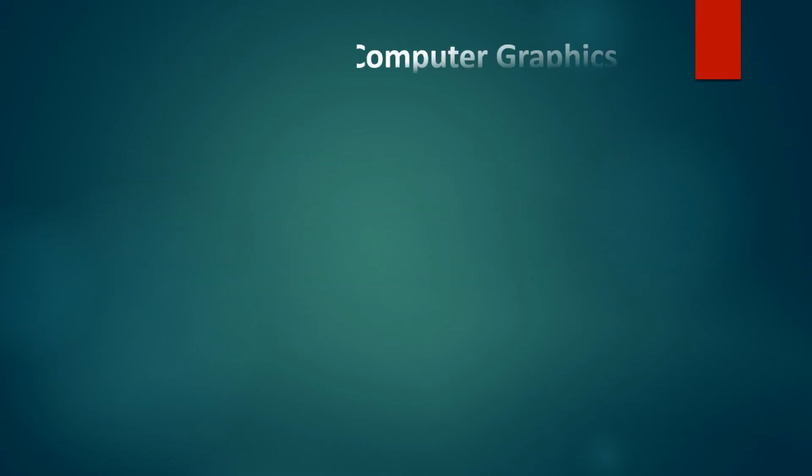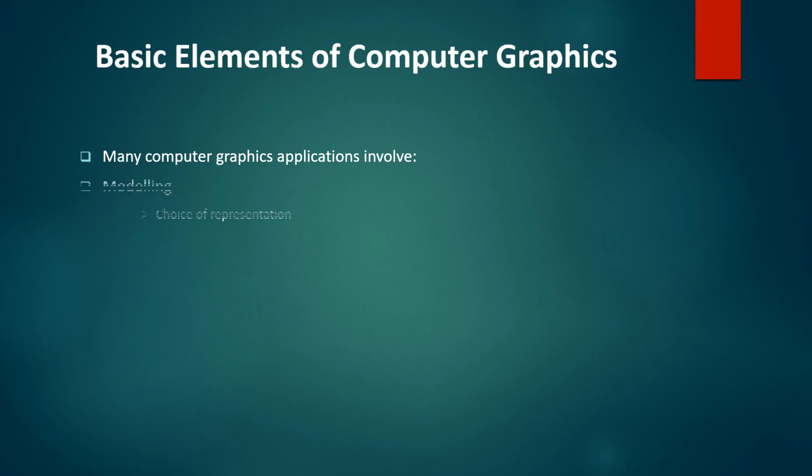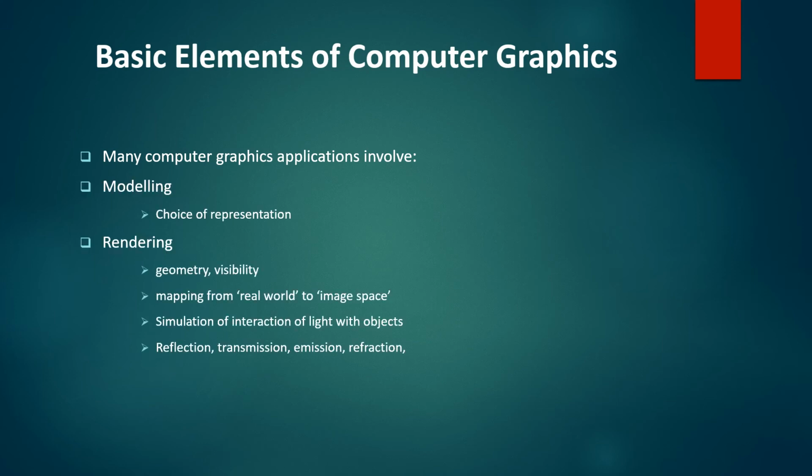The next one is the basic elements of computer graphics, which are the main computer graphics applications. They involve modeling, which is the choice of representation, and rendering, which is based on geometry, visibility, mapping from real world to image space, and simulation of interaction of lighting and objects: reflection, transmission, emission, and refraction.